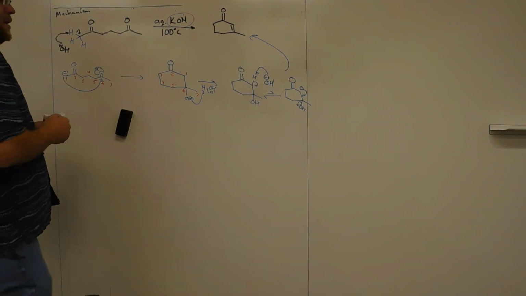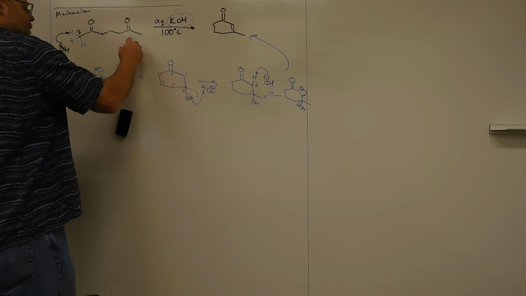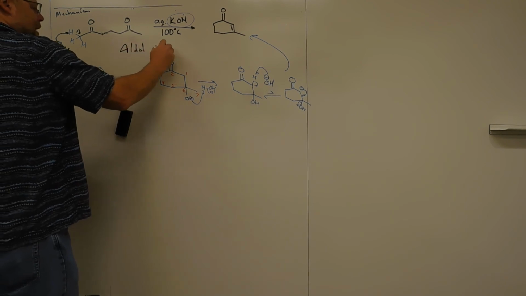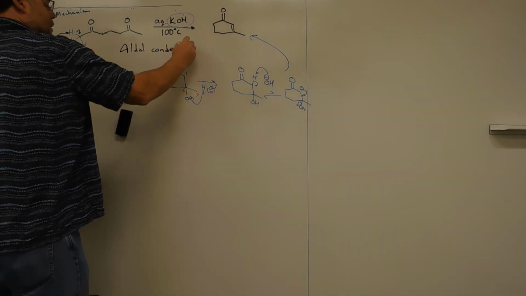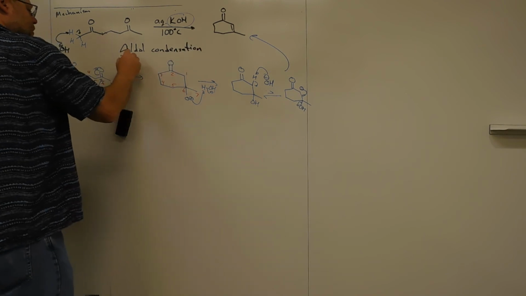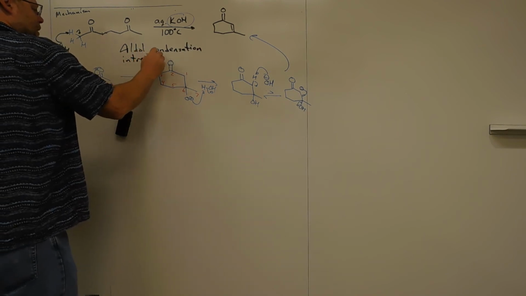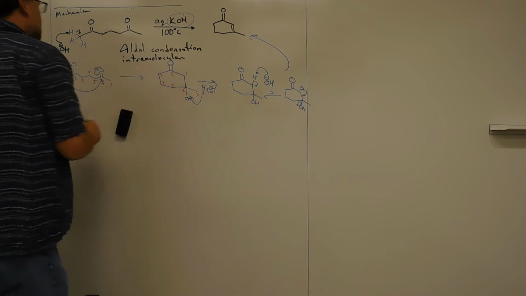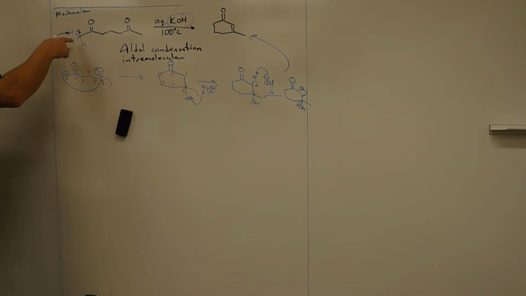So this is an aldol condensation, an intramolecular aldol condensation. You make an enolate, and that enolate then attacks a carbonyl in the same molecule. Again, I can't emphasize this enough: if you can make a 5- or 6-membered ring, that usually happens.